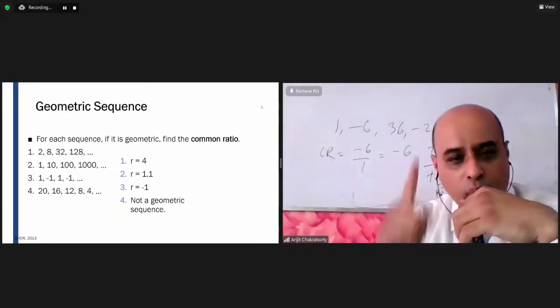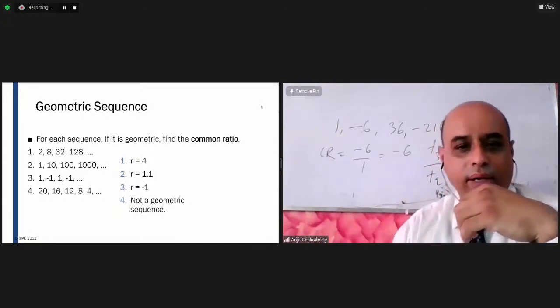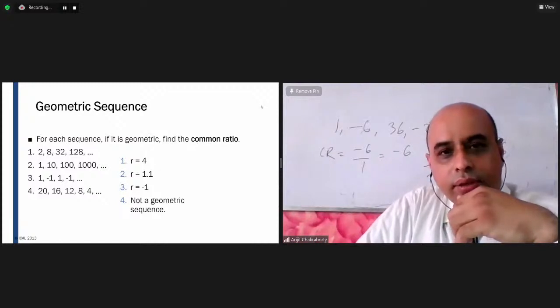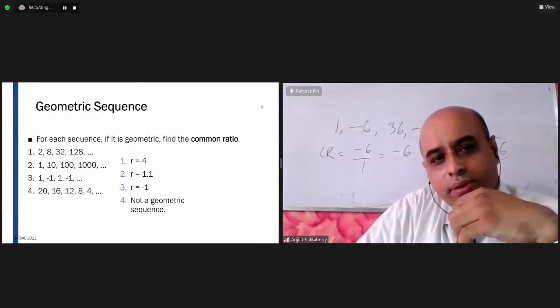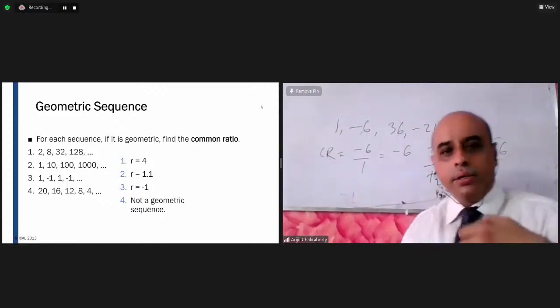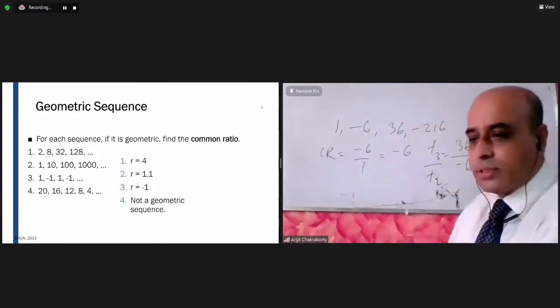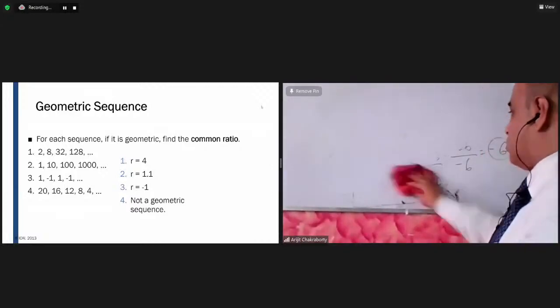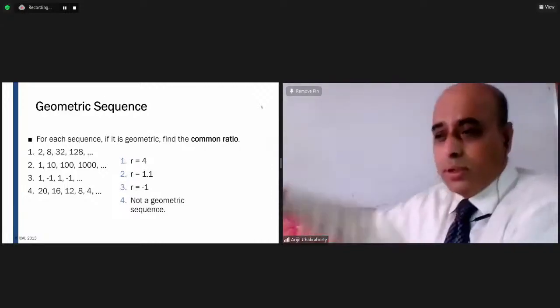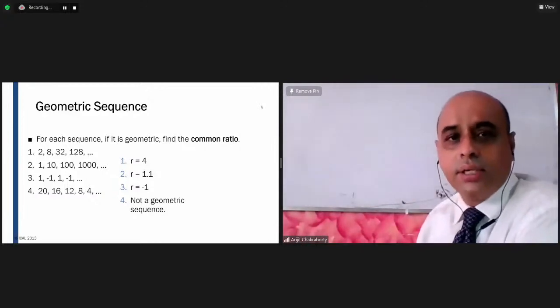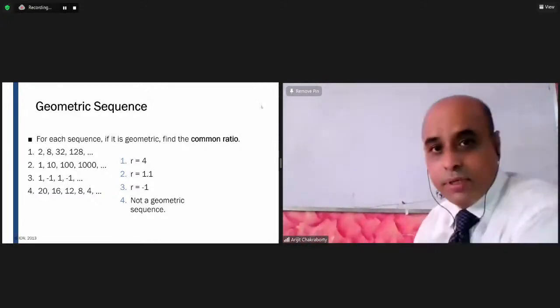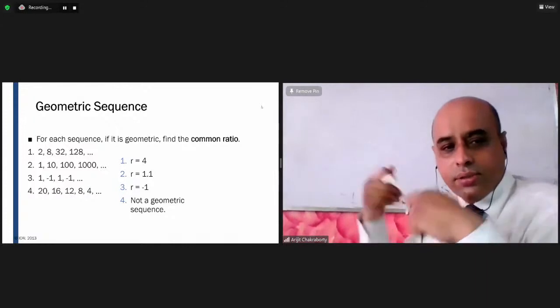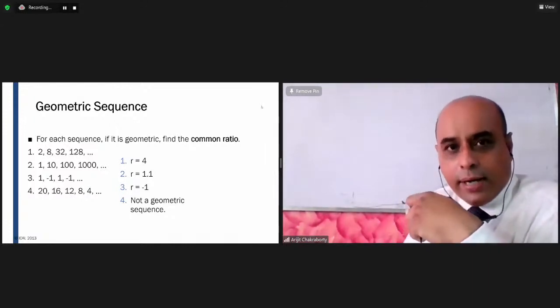The third one, 1, minus 1, 1, minus 1. So this is not progressing as such, because you see the difference. In case of a geometric progression and geometric sequence, as I told you, all progressions ideally are sequences, but every sequence may not be a progression, because of a common ratio of -1.